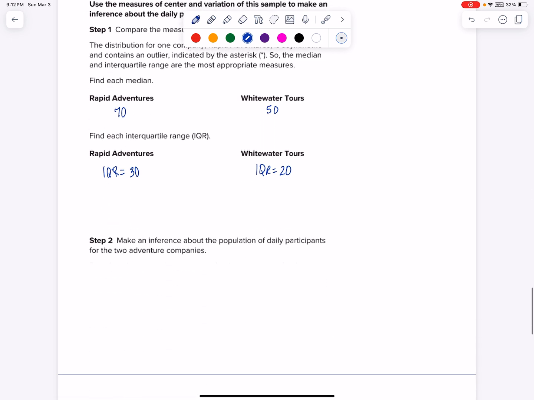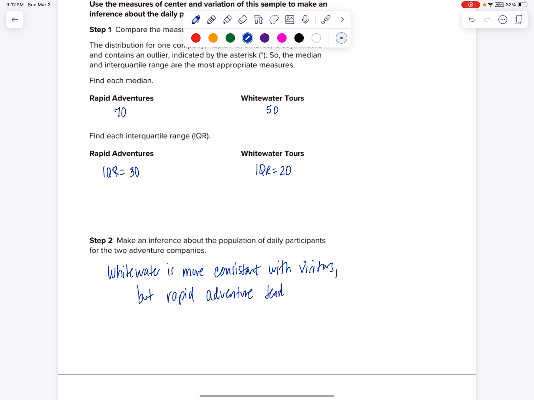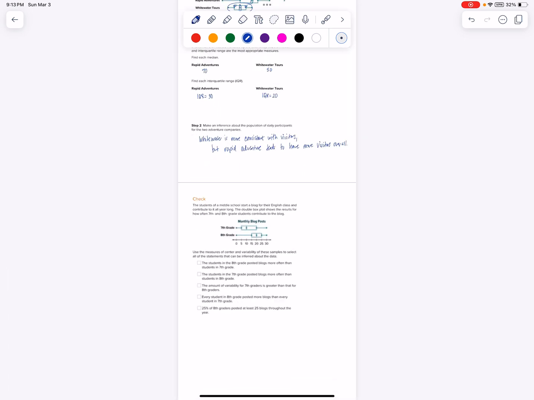So we can say something like, Whitewater is more consistent with visitors, but Rapid Adventures tends to have more visitors overall, something like that. So that's how you can interpret that.